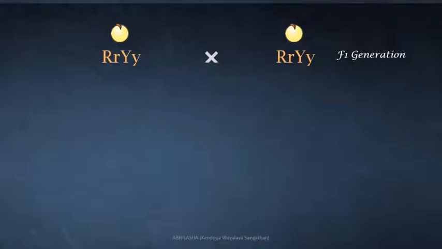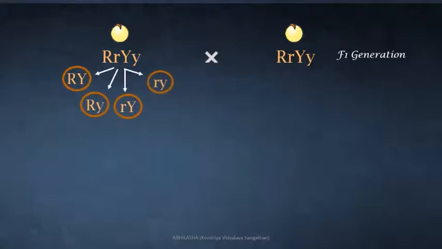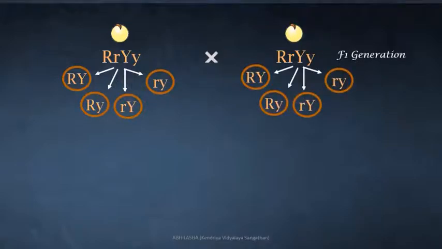Now, if we have to produce the F2 generation, we'll perform a self-cross of the F1 generation progenies. That is, capital R, small r, capital Y, small y crossed with the same genotype. Four types of gametes will be formed by both parents. Now, to obtain the F2 generation, let's make a Punnett square.